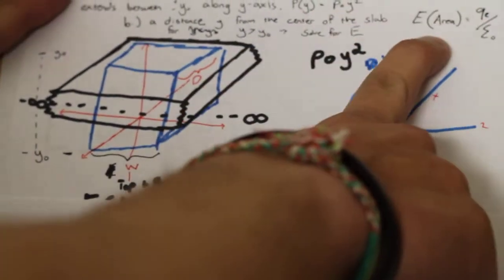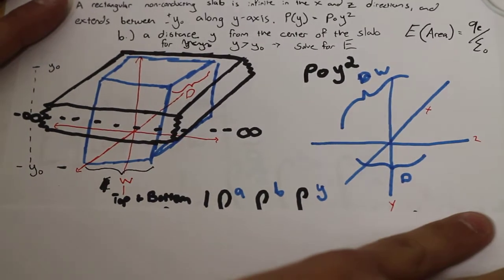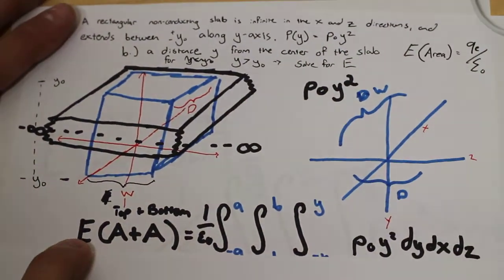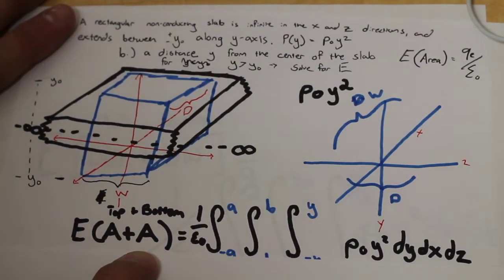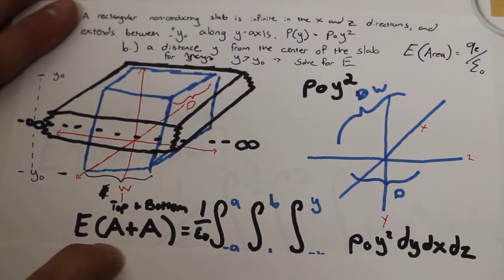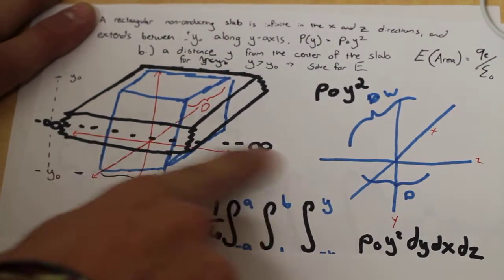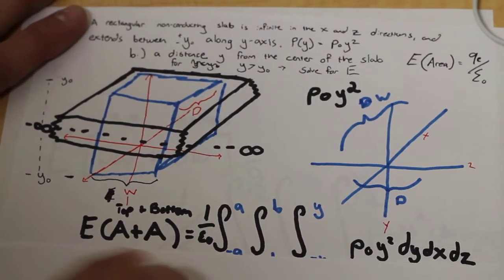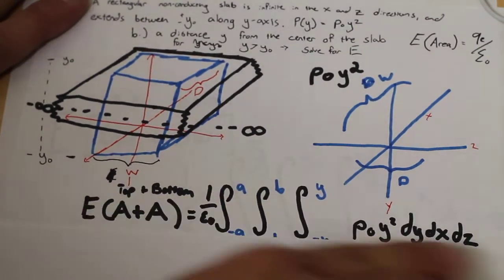First we're going to tackle the left-hand side, which is the same as number 8. It's going to be the field times the area, but the area can only be the top and the bottom squares because the sides go on forever, so we take the areas of the top and the bottom and add them together.